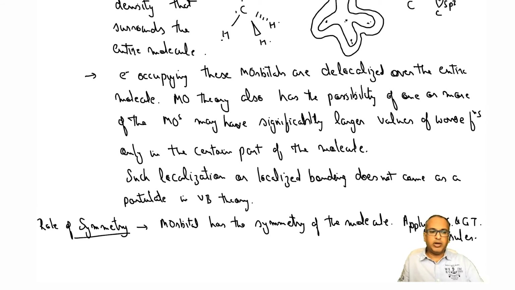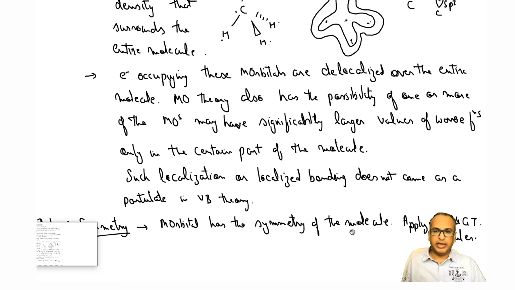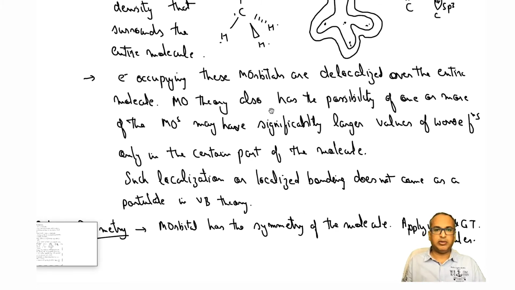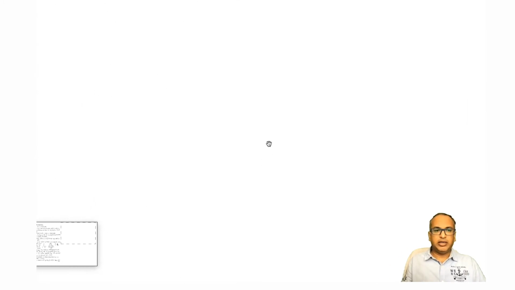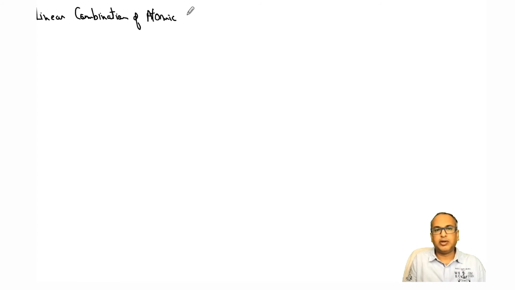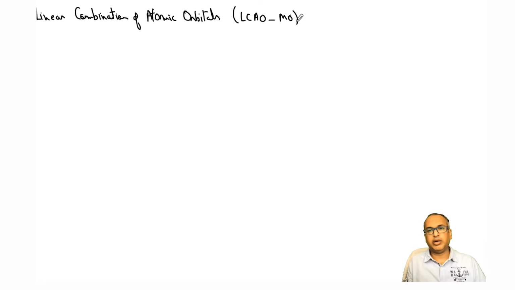Okay, so before we go on discussing MO theory and how to apply symmetry and group theory to develop it further, let us see something called linear combination of atomic orbitals, which further leads to molecular orbitals, right?